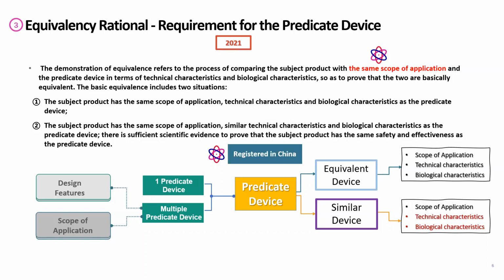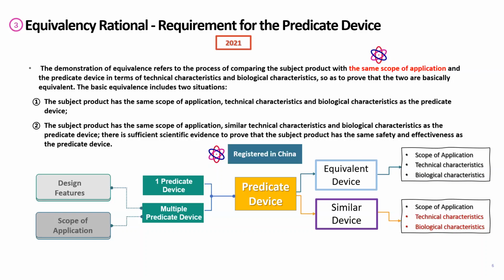Another thing, they give us two exceptions, or you can think of them as two examples. One is if we must choose two comparable predicate devices, predicate device 1 and predicate device 2, and they have two different design features. When these two design features are combined into the subject device, and we can show this combined design will not affect the safety and efficacy of the subject device.